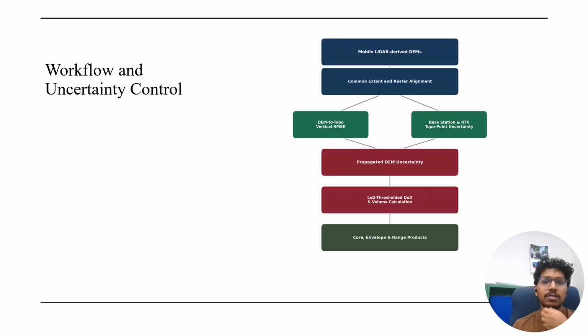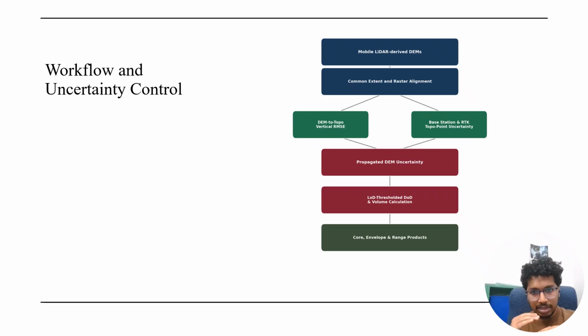The base station and RTK uncertainties were calculated separately and propagated through the DEM RMSE, generating the whole uncertainty propagation, which was then used as the level of detection threshold for each DEM differencing map.